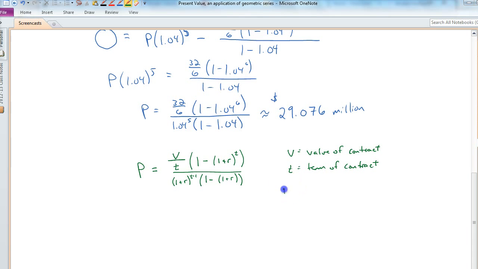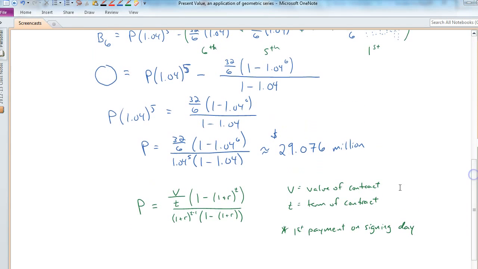The other thing that's worth noting here as a special assumption is that we did have the first payment on signing day. So this formula is only going to really work when you pay the guy on the first day. His first year comes on the first day, which is essentially saying that the payment comes before the interest. And that's not always going to be the case.